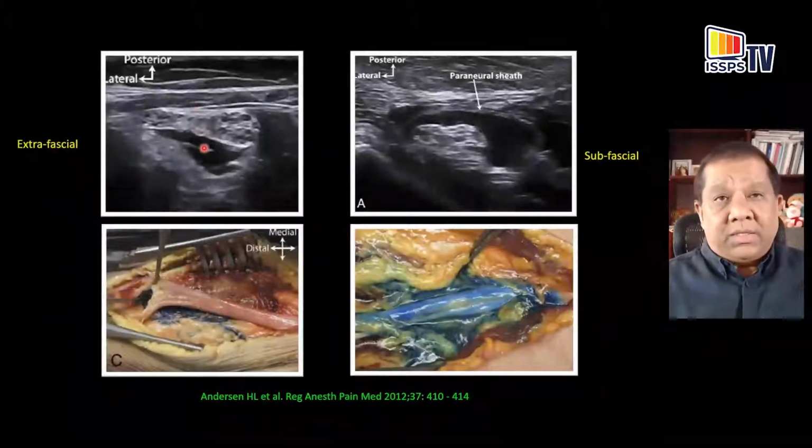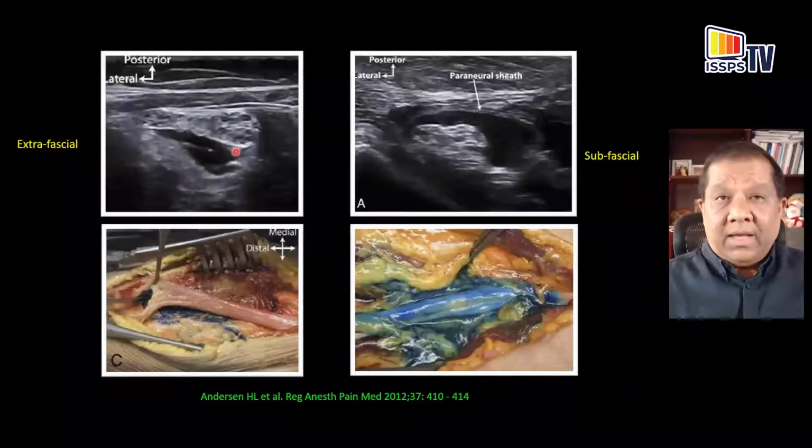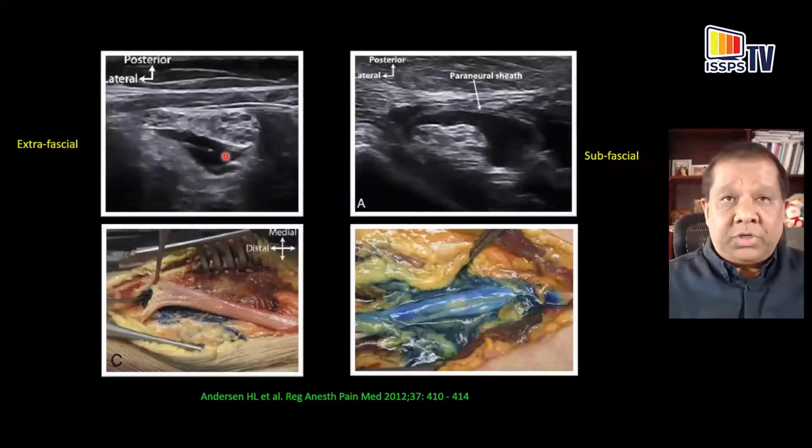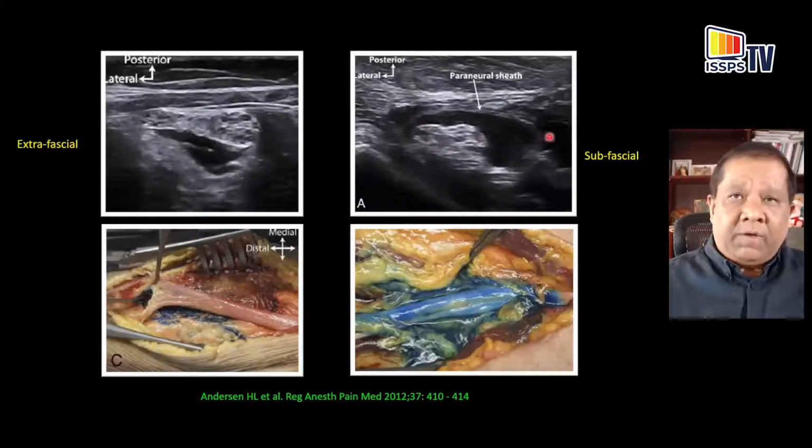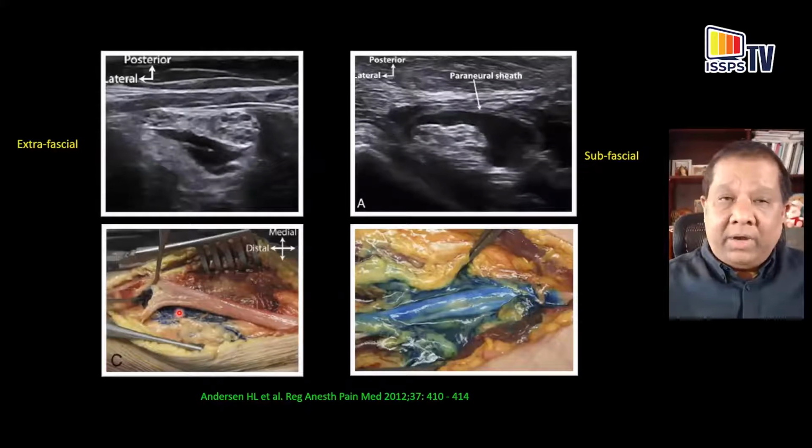Also, when you inject local anesthetic outside this connective tissue sheath, as opposed to inside this sheath, and if for this discussion we use the terms extrafascial and subfascial, it makes it simpler, okay? I don't have to repeatedly say circumneural sheath, etc. So if you inject a drug extrafascial as opposed to subfascial, they produce different sonographic appearances. More importantly, when you do extrafascial injections, it remains localized in the area that you inject.